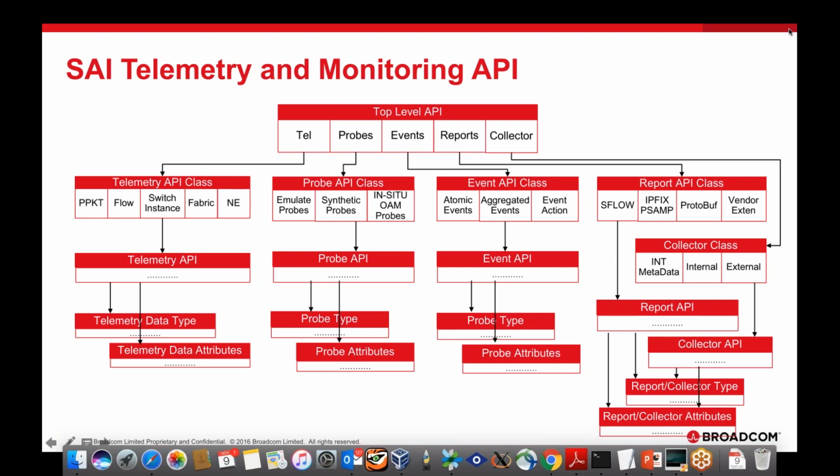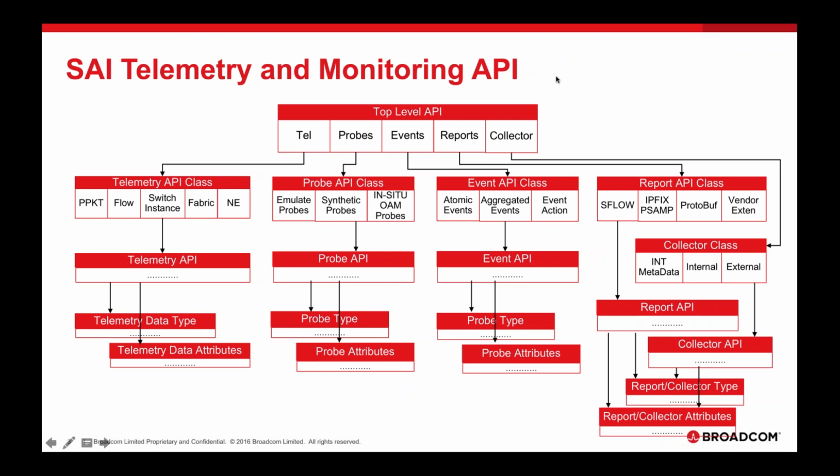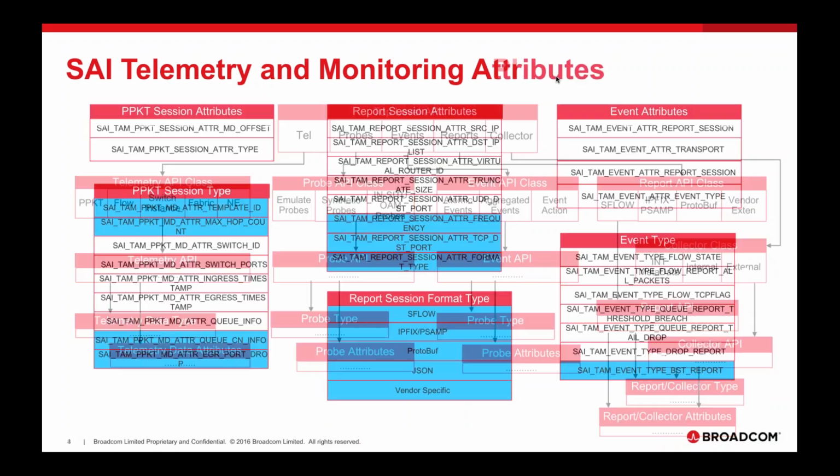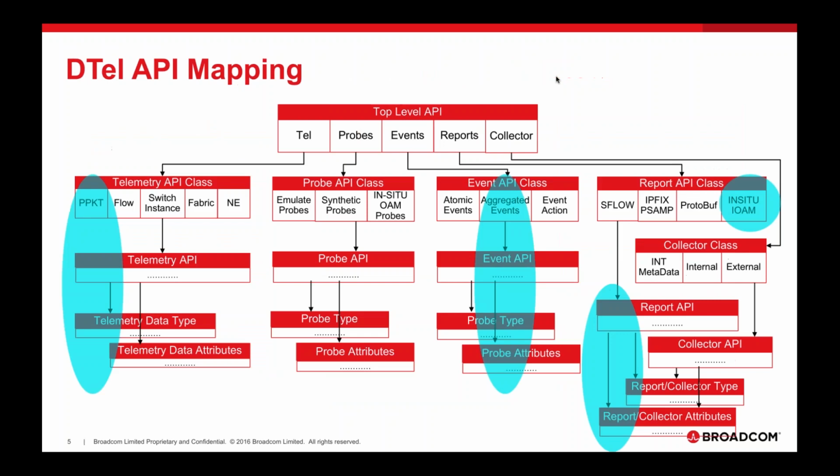Let me put up the slide showing what we want to achieve. I have specifically called it API mapping. I'm going to tease them apart and make it clean, so it's very easy for the detailed API proposal to be absorbed here.